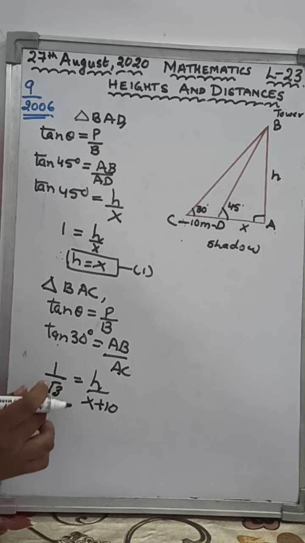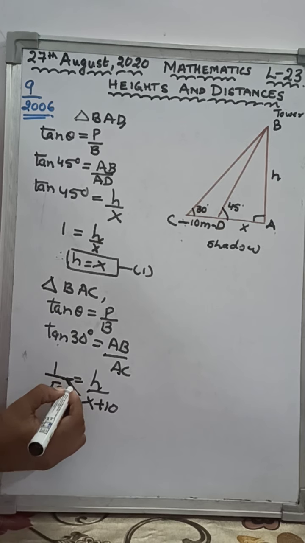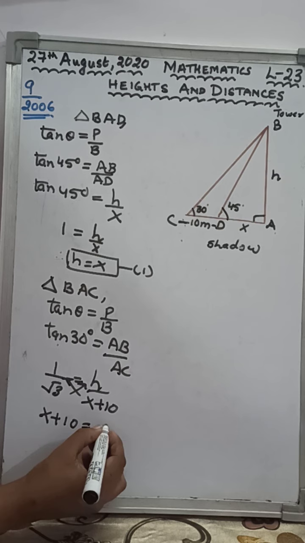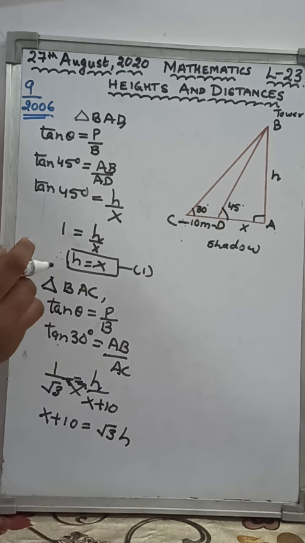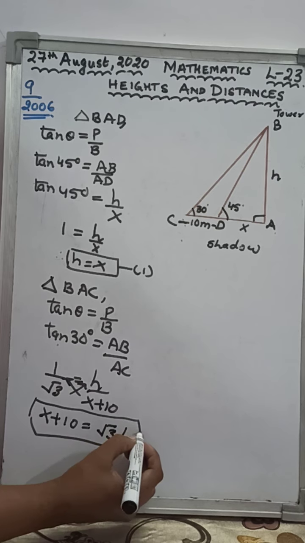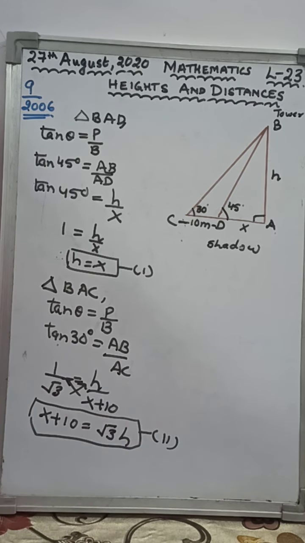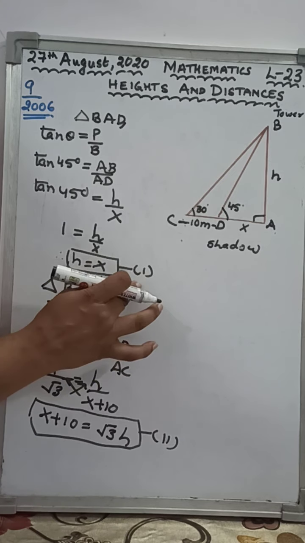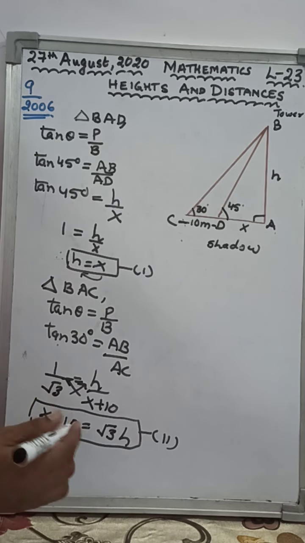Clear? Now you will cross multiply. So x plus 10 is equal to root 3 h. So label it as equation number 2. Now what we will do, we will substitute the value of x from equation 1 in equation number 2.